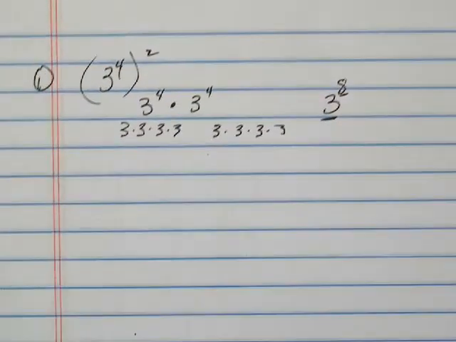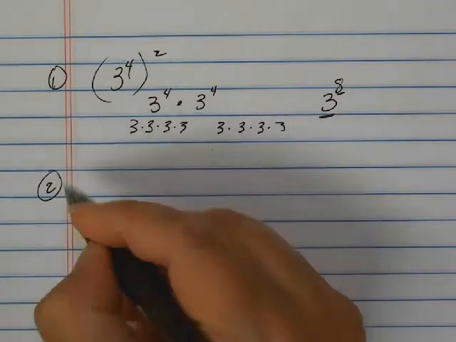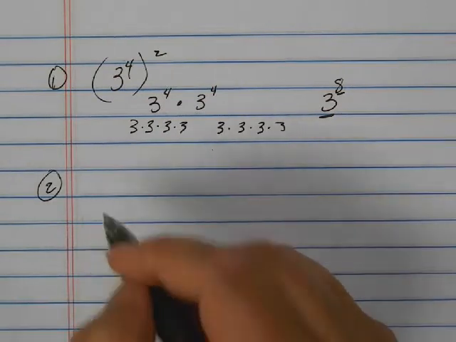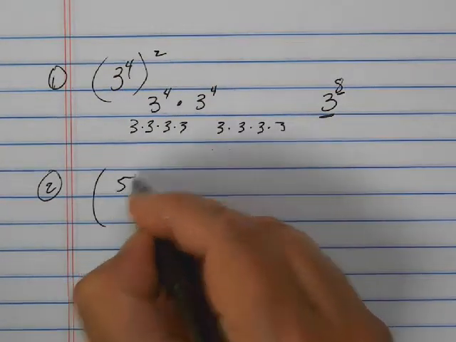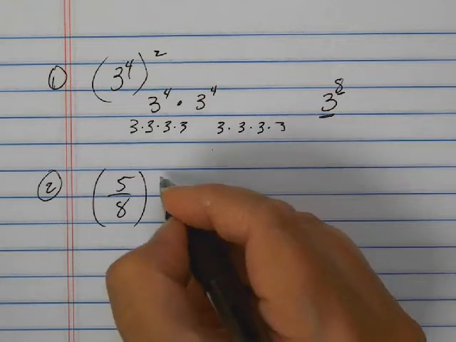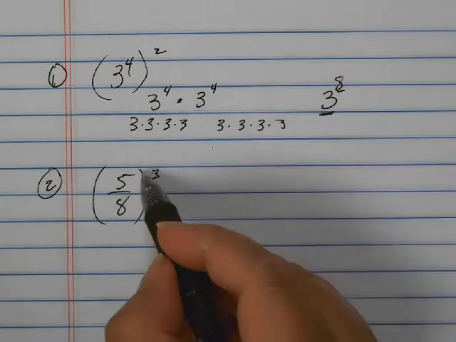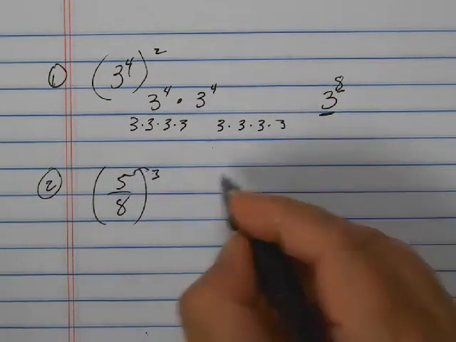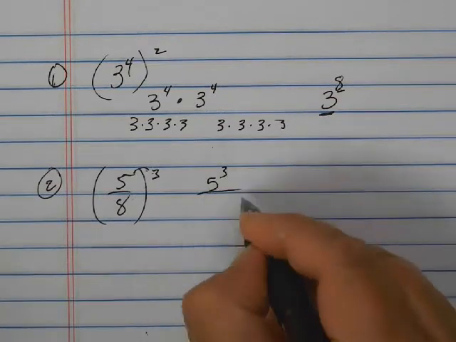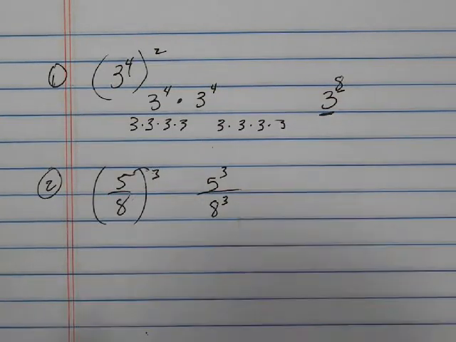All right, here's example 2. Again, it'd probably be good to pause it, see where you would start. 5/8 to the 3rd power. So anytime I have a fraction to a power, I can take each one of those numbers to that power. So I have 5 to the 3rd power over 8 to the 3rd power.